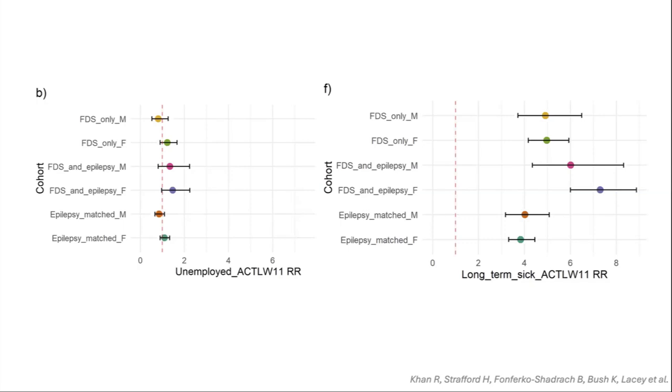And if anything, people with functional seizures seem to do worse here than people with epilepsy for being in a long-term sick position. So still analysing this data, and I think the census data is really interesting and answering a lot of the criticisms that people have with just using an area-based measure of deprivation.